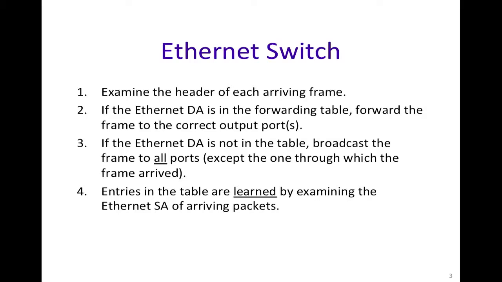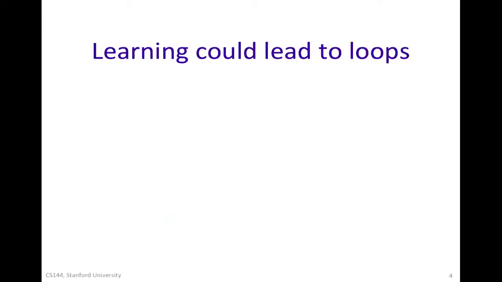But this all presupposes that packets don't loop in the network forever, and that in fact, particularly in the learning process, the Ethernet source address actually is on the shortest path or on a reasonable path back towards that address. So how does it know that? And in fact, the whole learning process could lead to loops.